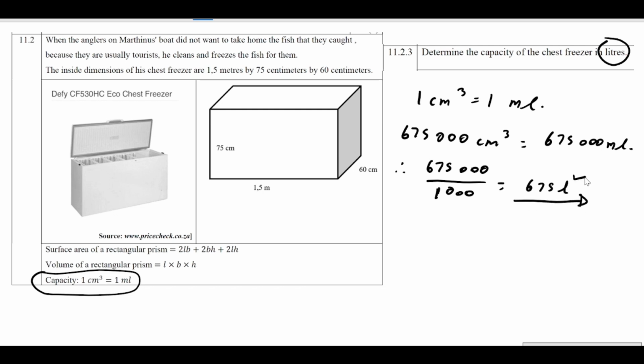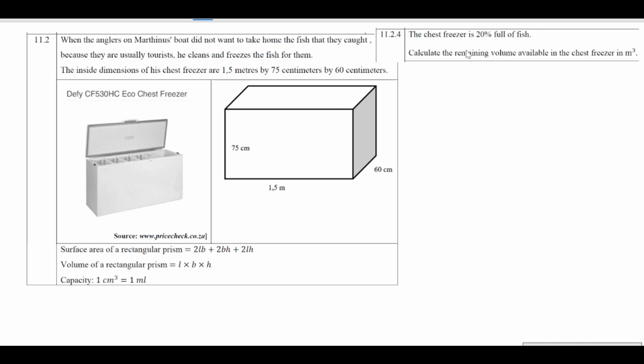So this one should be in liters, not in milliliters. Conversion from milliliters to liters: you take whatever you have in milliliters and divide it by 1,000. So it's going to be 675 liters. That is 11.2.3.